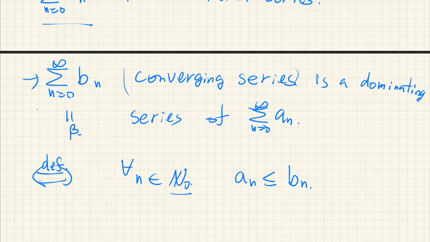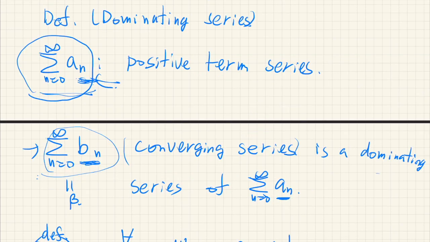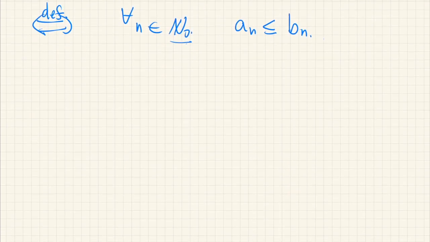So that means every term a_n is bounded above by the corresponding term in the series b_n.